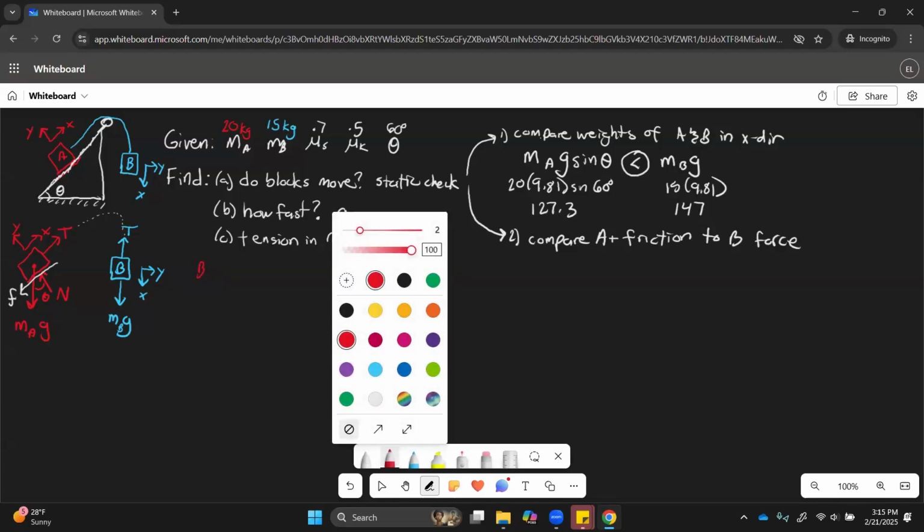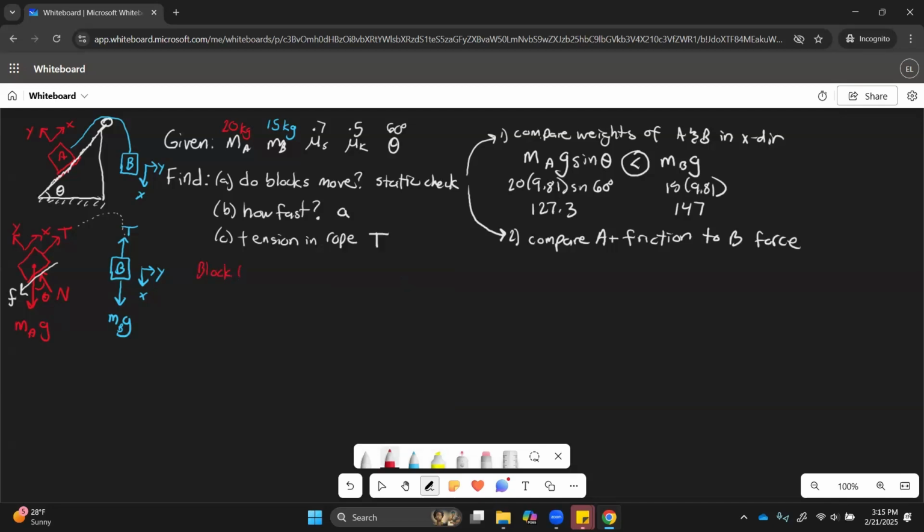For block A, we have the sum of forces in Y equals 0 because A does not move off the plane. So we have the normal force going up, and we have a component of the weight going into the plane, which is the adjacent component, so the cosine.